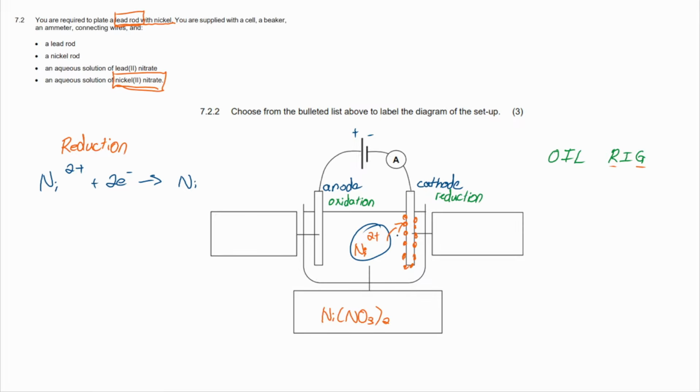The rod, all of this thing needs to be lead, and on the outside, we need this solid nickel. So that tells us this will be where the lead rod is. Then obviously this would have to be our nickel rod. So that's how we would do that question.